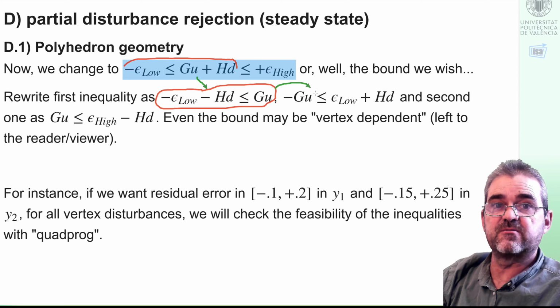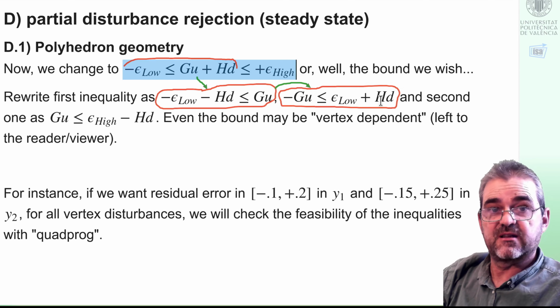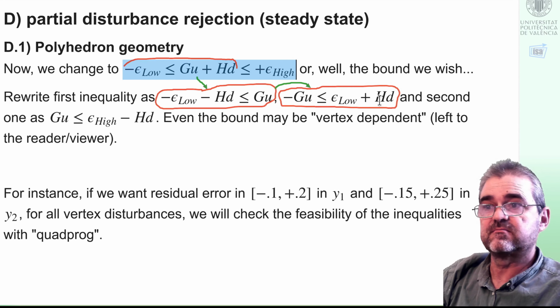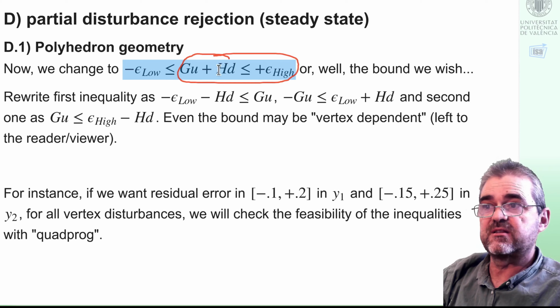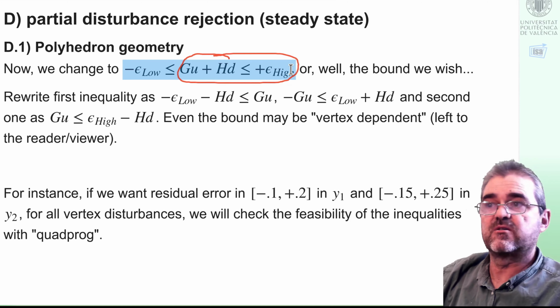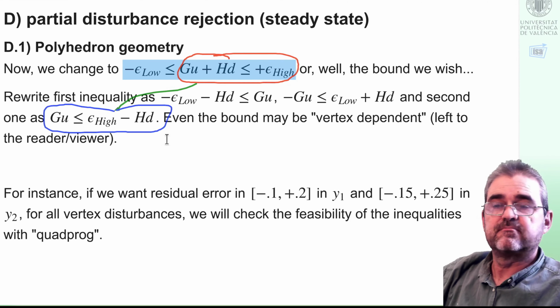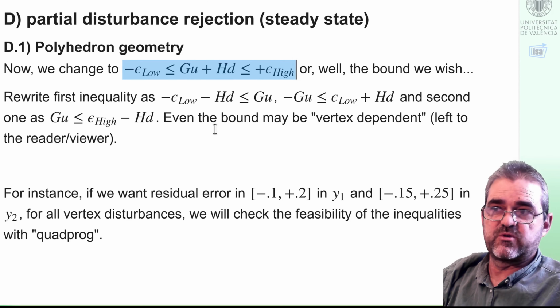I wish to find the feasible U. This is the way in which MATLAB's quadratic programming code needs this inequality. Also, regarding this second inequality, we just move HD to the right hand side, so we'll write it like this. Later on, when looking at actual code, we will stack these two inequalities in a suitable way.